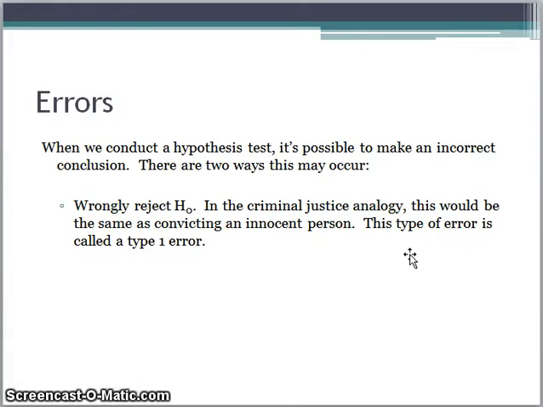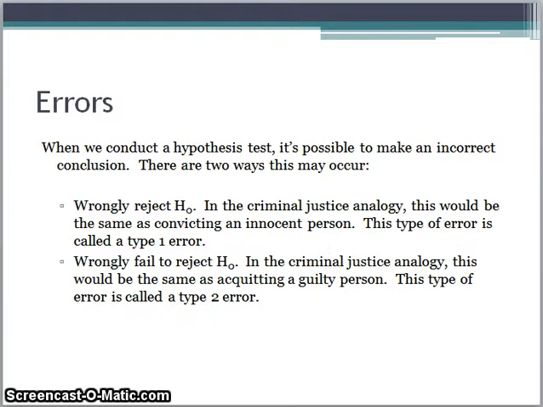That's a type 1 error. So they call that a type 1 error if you reject H0 when you shouldn't. The other type of error is if you fail to reject H0, and that's an error. In the criminal justice analogy, this would be acquitting a guilty person, and we call that a type 2 error if you fail to reject H0 in error.